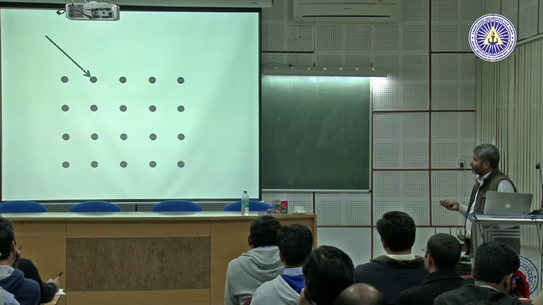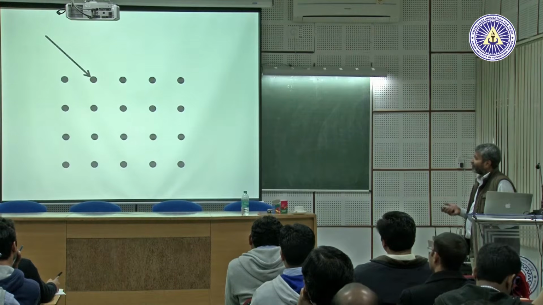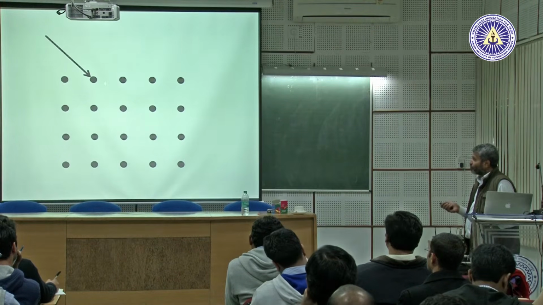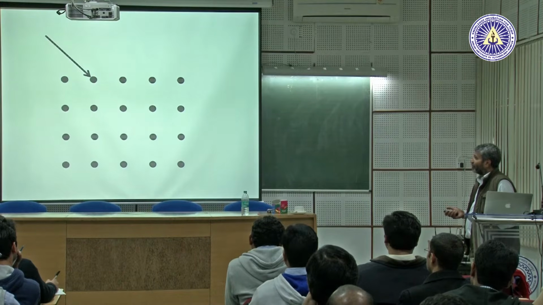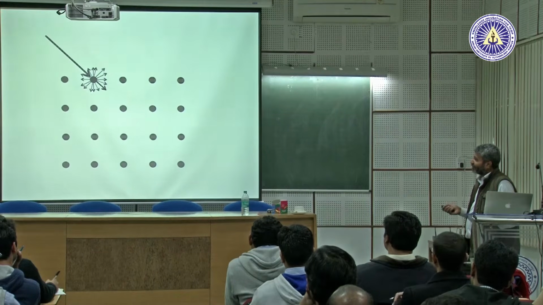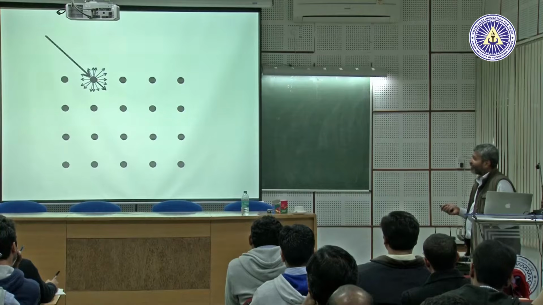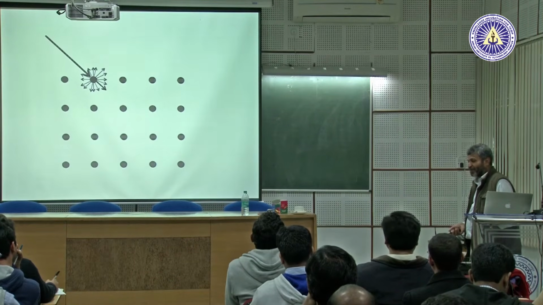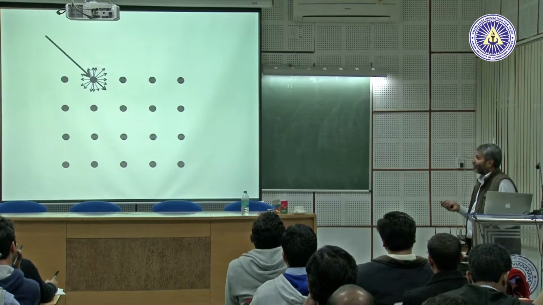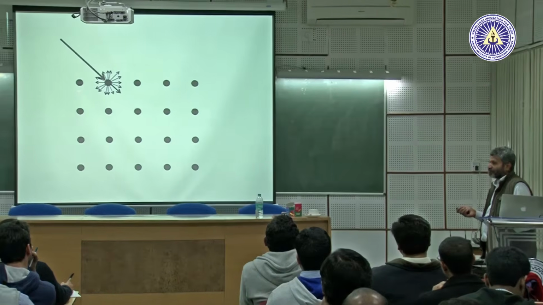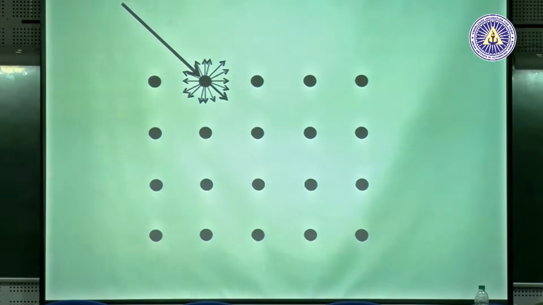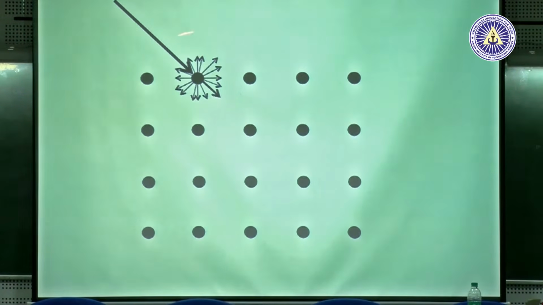But let us focus on one atom, and as the X-ray is coming, the electrons in the atom will interact with the X-ray and will generate new X-ray beams traveling in all directions, not in any given diffracted beam direction. So, for a single atom or for a single electron, there is no concept of a diffracted beam. The scattering is there in the entire 3D space for one atom.